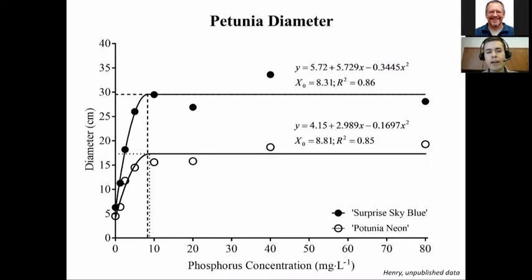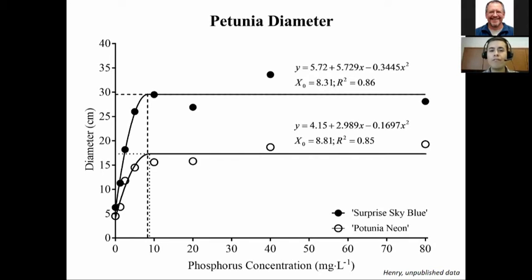You can see that the maximum diameter for Surprise Sky Blue was reached at about 30 centimeters, and the maximum diameter for Petunia Neon was about 17. So extremely different growth habits here, where one actually reached a diameter that was almost twice as large as the other. But you can see by the 2 different dotted lines, they represent where the plateau actually levels off. And so this shows that at 8.31 and 8.81 parts per million phosphorus, you achieve maximum diameter for Petunia.